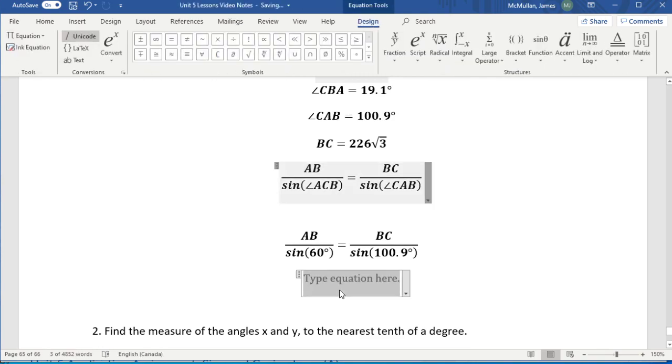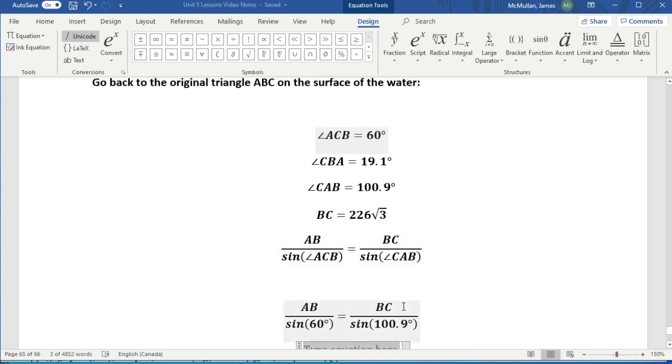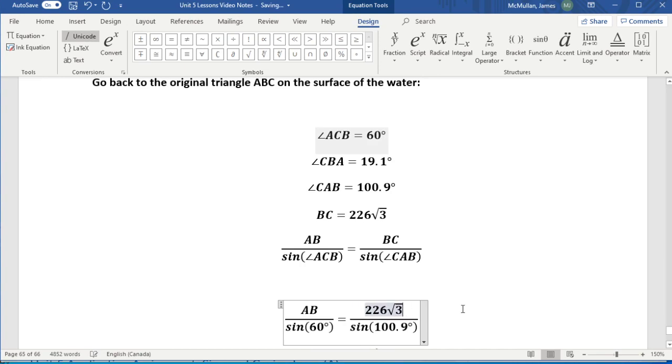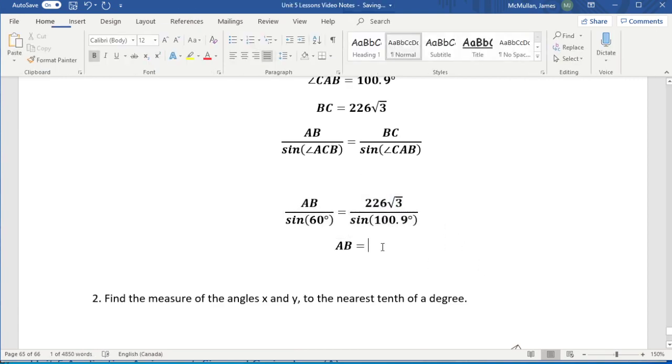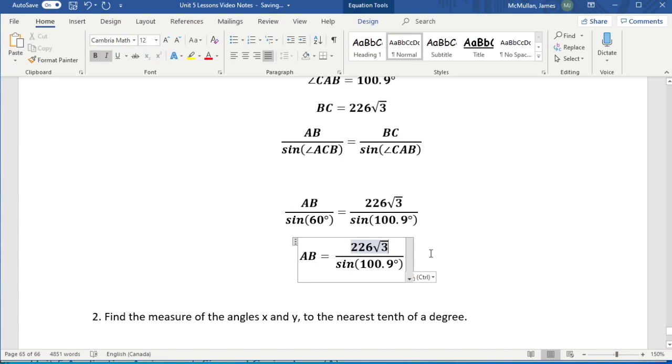Anyway, so we can fill this in. We know that BC is 226 root 3. And so AB would just be equal to this times sine 60.